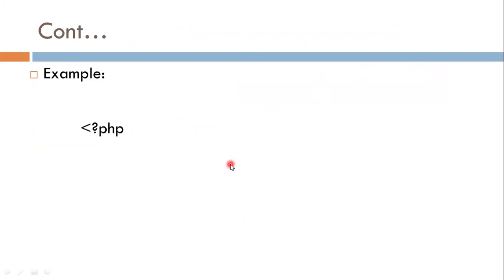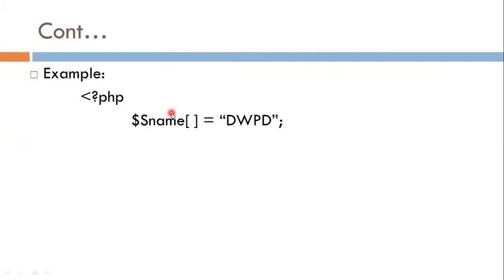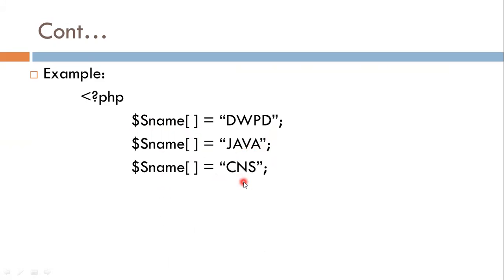For example, here I write one PHP script which contains the same example, subject names of 5th semester. So the first time, in the bracket we can write an index number, but it is initially blank, so it considers index 0. Second Java and third CNS.